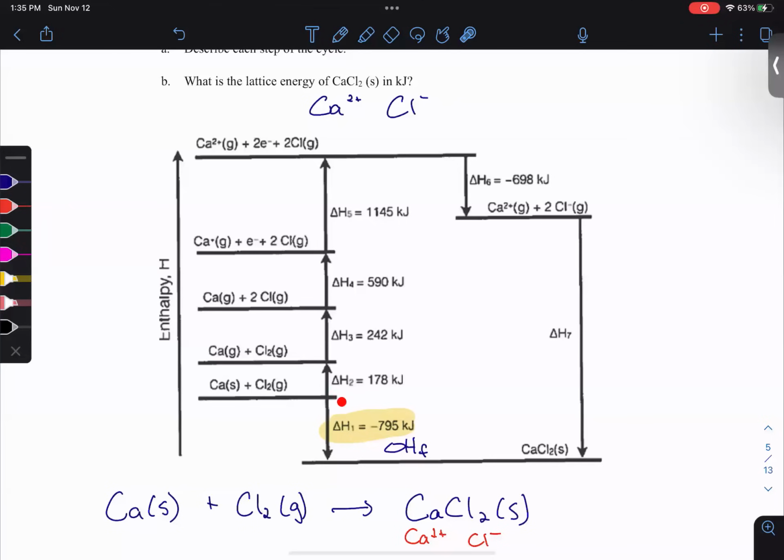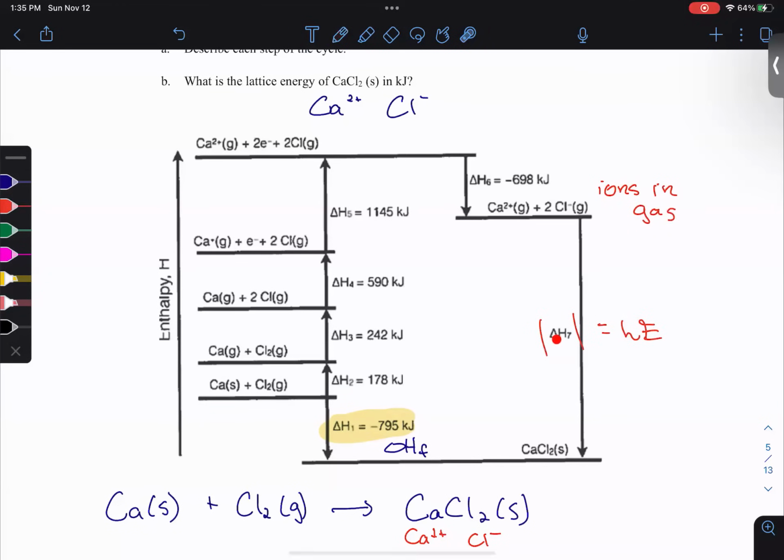We already identified what the first step is, and our goal is to get the ions in their gas phase. That's our goal, because we want to relate this to lattice energy, which is this last step.